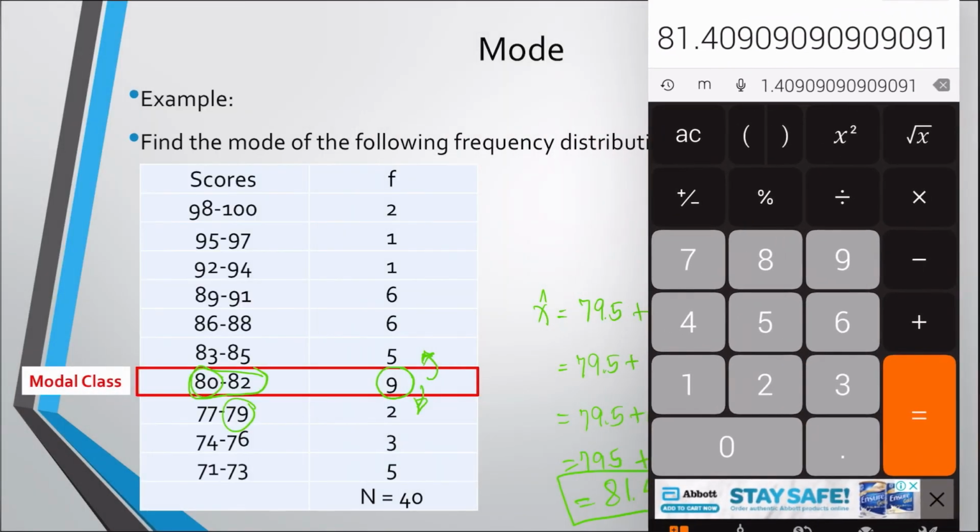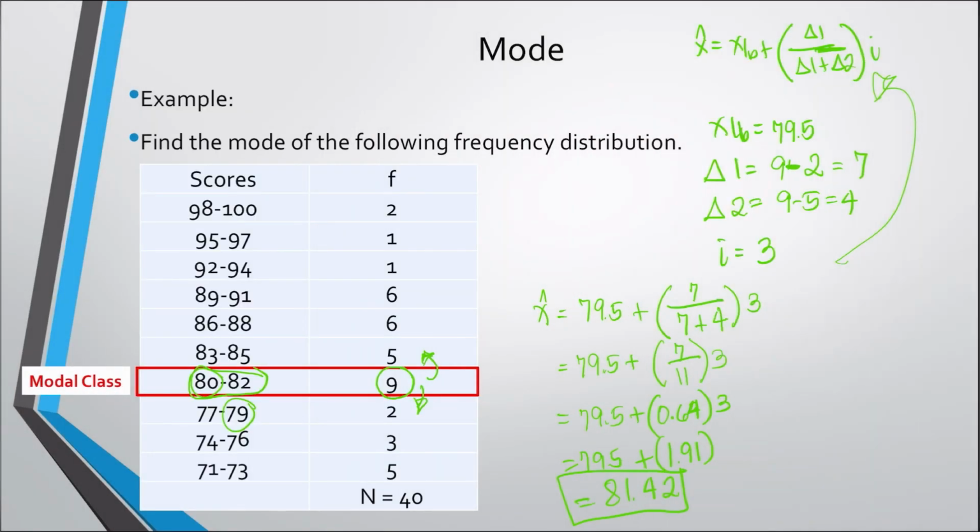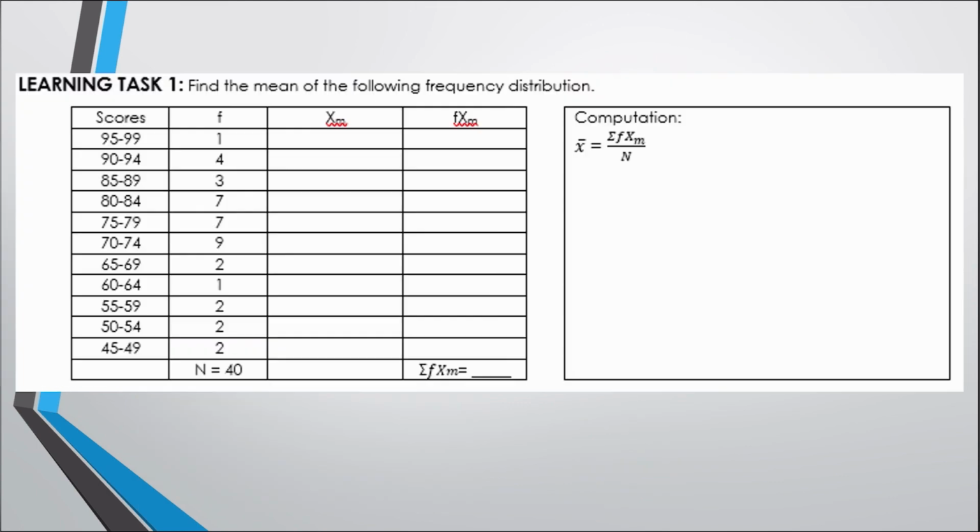Okay? Yun ang ating mode, 81.42. Okay, now, if meron kayong gustong balikan kasi marami siyang steps, pwede niyong balikan yung video at meron din naman tayong example dun sa inyong answer sheets or module. So, balikan nyo na lang yon.